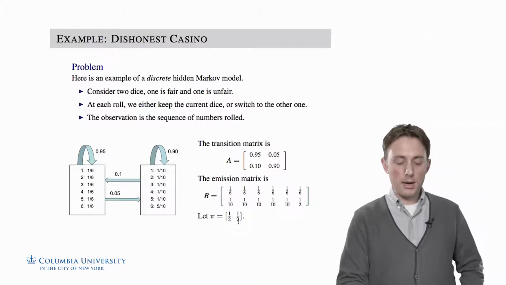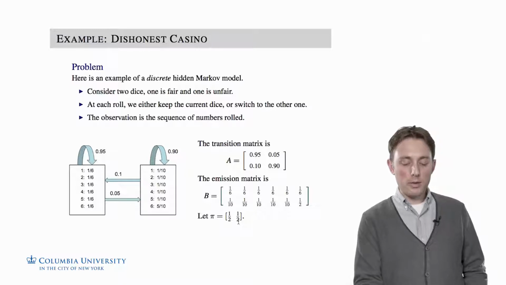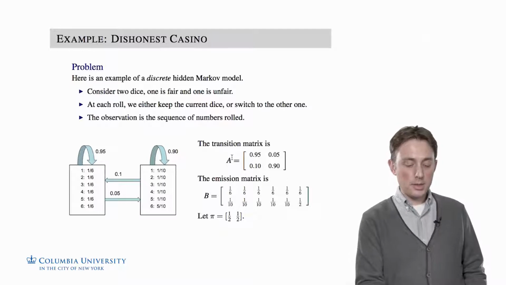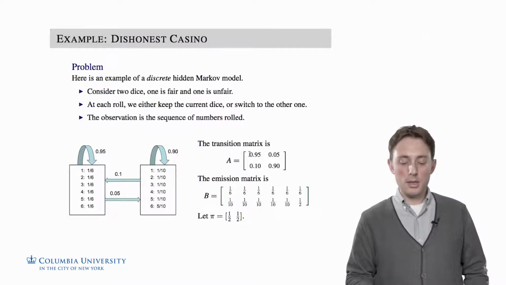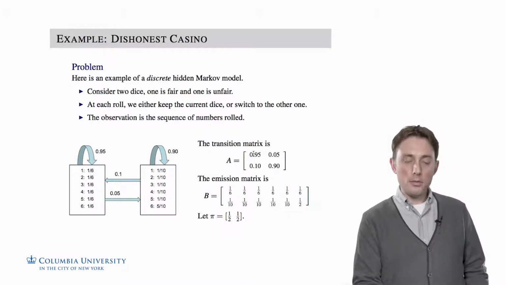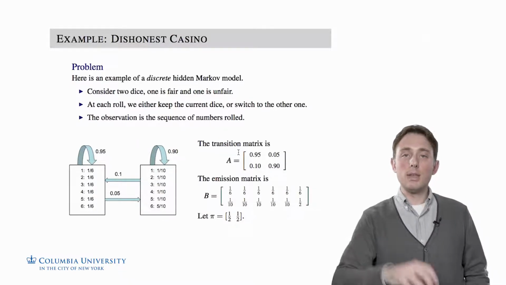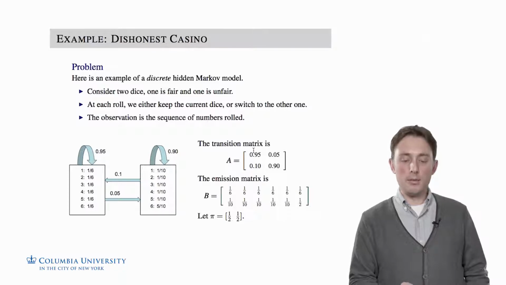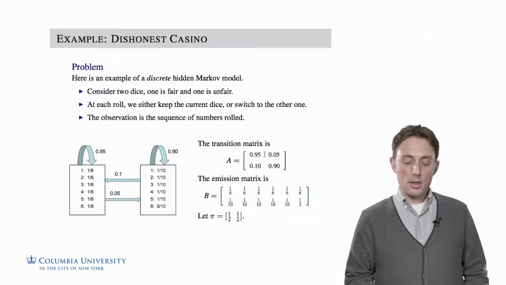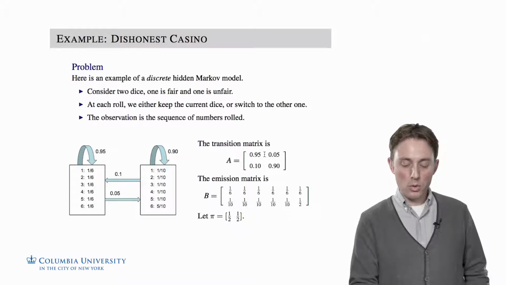So in this case, we have the 3 parameters for the HMM we need to define. We have a transition matrix. Let's think of the transition matrix like this. The first state we're going to call the fair dice, the second state the unfair dice. The probability of using the fair dice in the next roll, given that I use it in the current roll, is equal to 0.95, and the probability of switching to the unfair dice, given that I used the fair dice in the most recent roll, is 0.05.